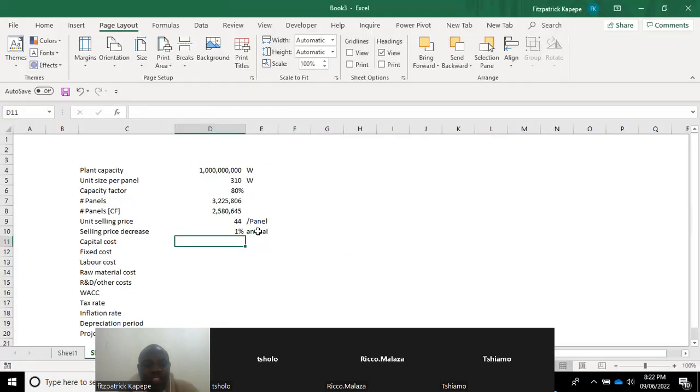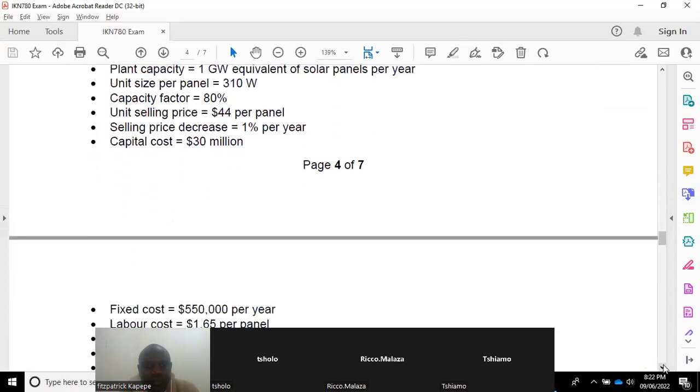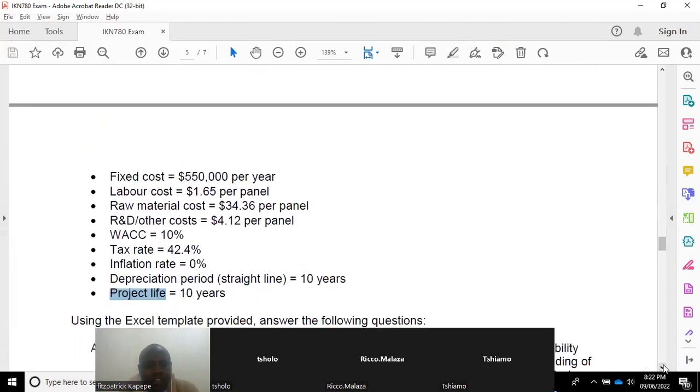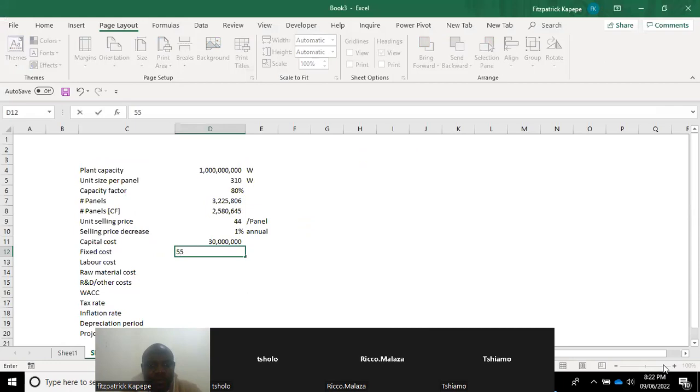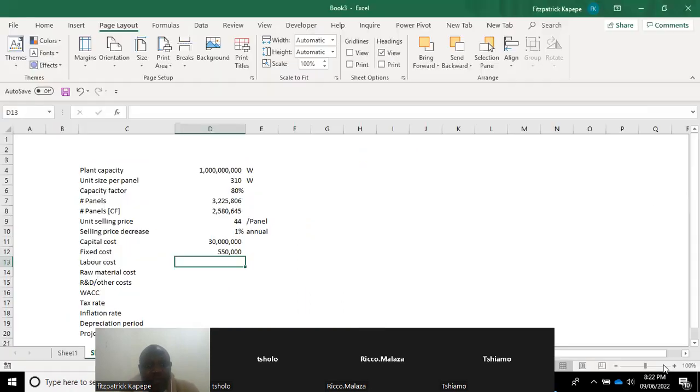Capital costs, we have been given 30 million. The fixed cost, $550. Raw material cost, 34.36 per panel.